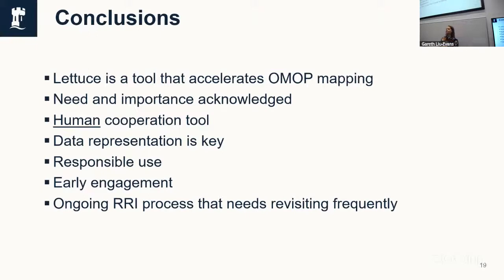And for any LLM solution, you need to have the early engagement of the stakeholders to be able to understand risks. So the message here is when you are developing these AI tools, responsible research and innovation is an ongoing process that you incorporate into your products, but you need to ever so often revisit it to see if there's anything else that needs improvement for safety of individuals, patients, and vulnerable populations, and everybody in general.